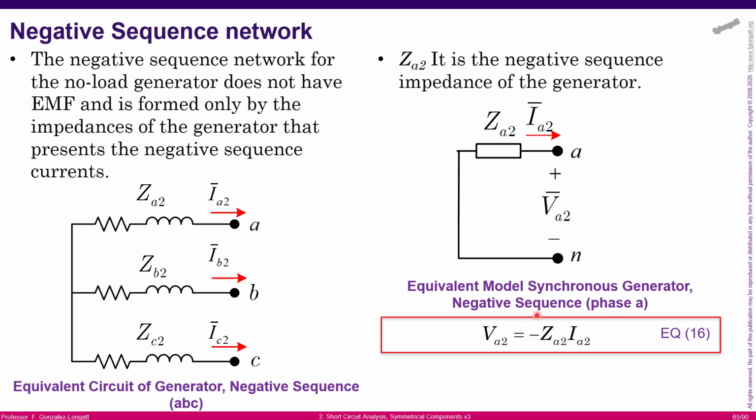Probably you are wondering what is the reason for the negative sign here. Well, you must not, because what we need to consider here is that this is a generator and the current direction is supposed to be going out from the generator. But Ohm's law says that the voltage and current are related by the impedance, and the current direction is creating a negative voltage drop. That is the reason for the negative sign over there.